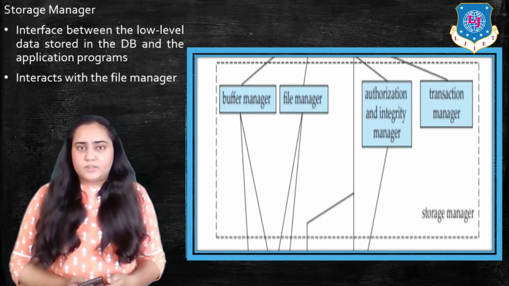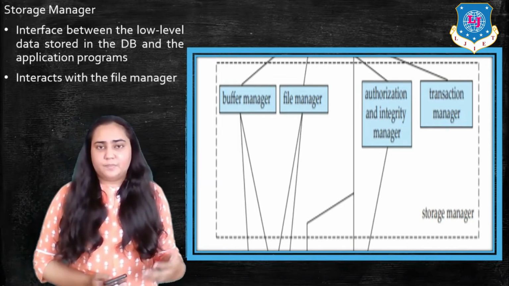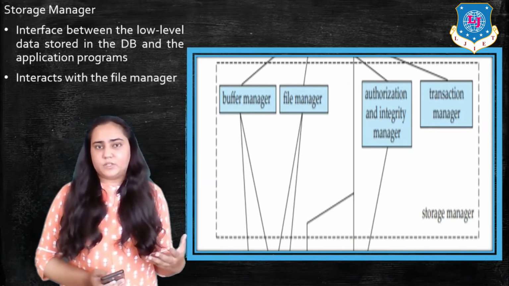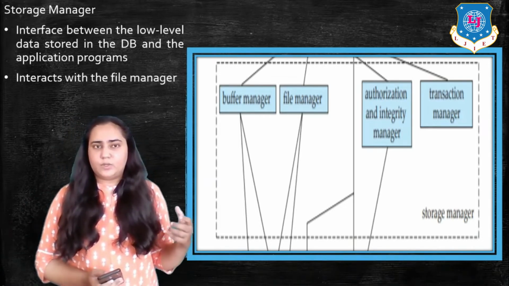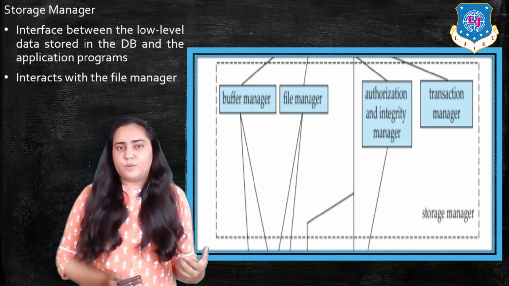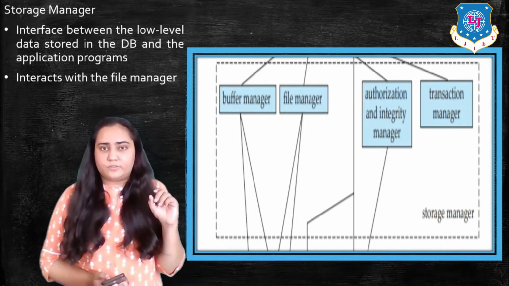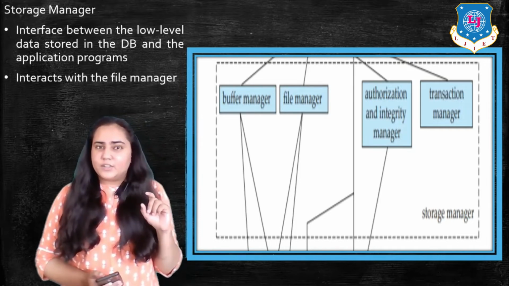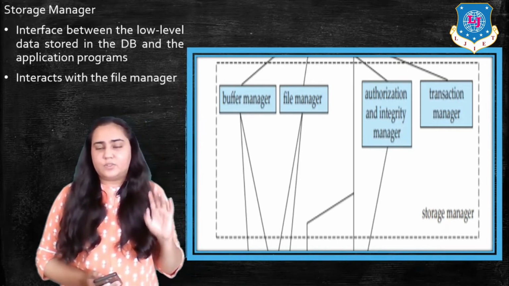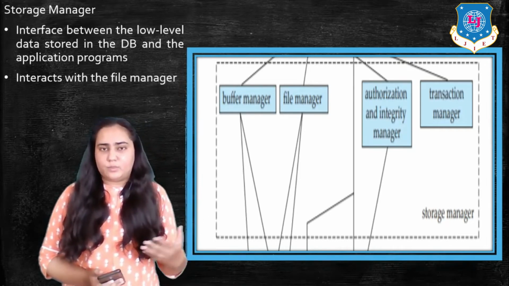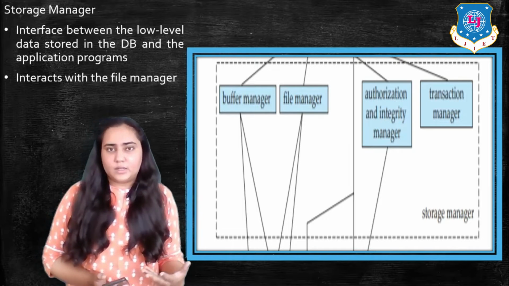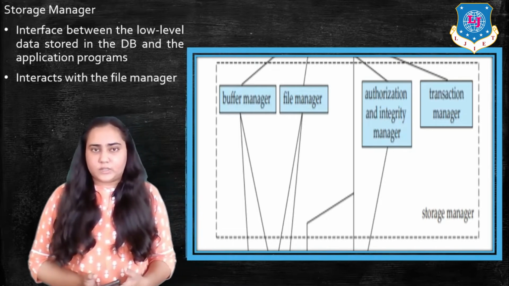It interacts with the file manager. So what is a file manager? A file manager is what you might be familiar with if you're using a mobile phone, where you have an application called File Manager. It doesn't actually store your data for you. That storing of data is done by your mobile phone, the system behind it, and you can't really know how the data is stored.